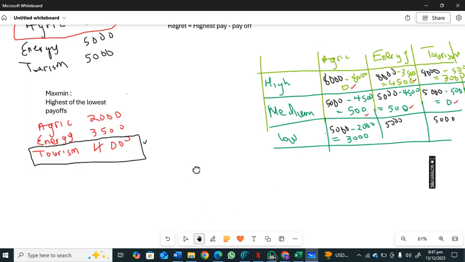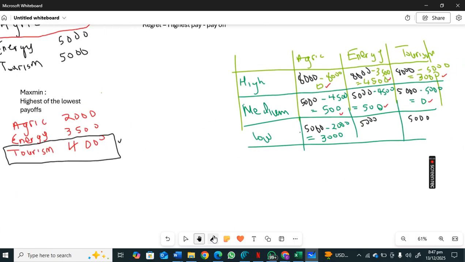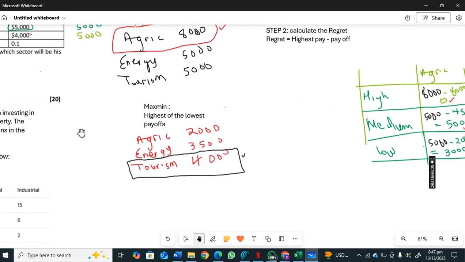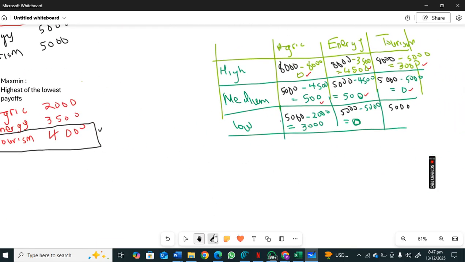For the energy sector, the payoff was 5,000. So 5,000 minus 5,000, zero, no regret. Then for tourism, the payoff is 4,000.